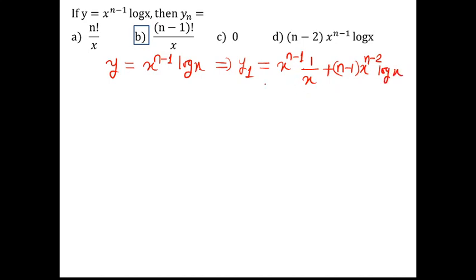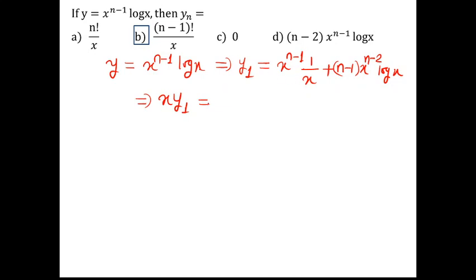Now, as I told you, when we solve problems on nth differentiation by the Leibniz rule, if we find certain variable terms in the denominator, then in order to make the differentiation process simpler, we have to take them into the numerator. So we will multiply throughout by x.